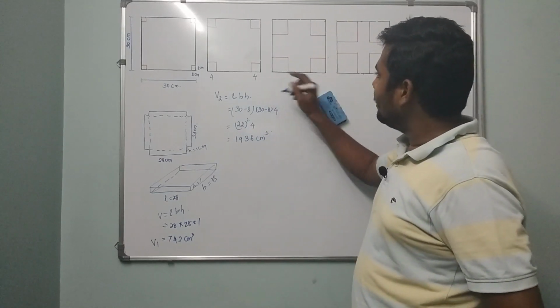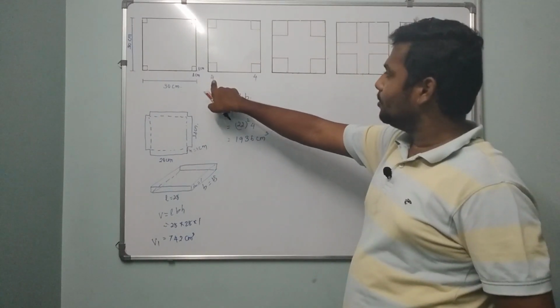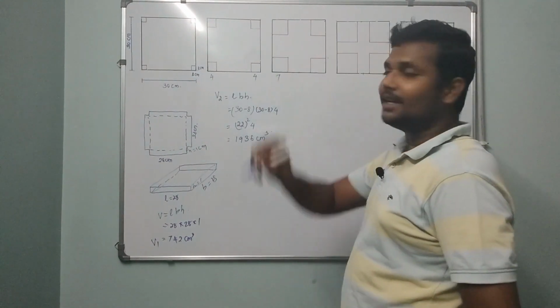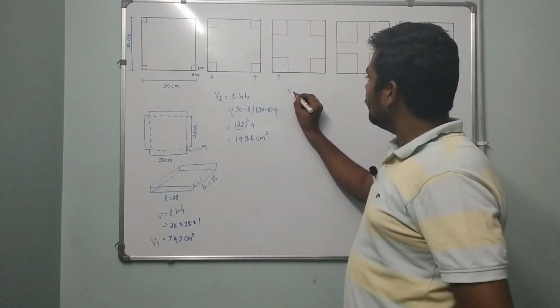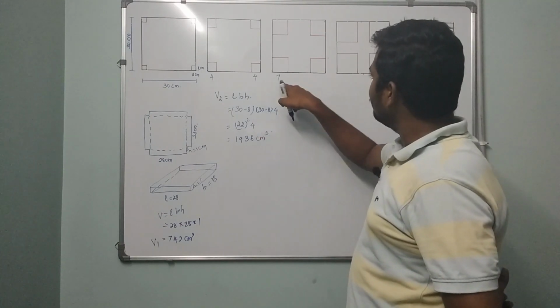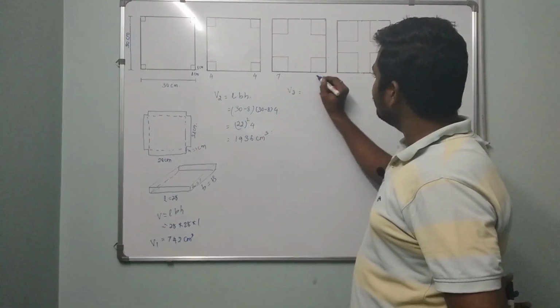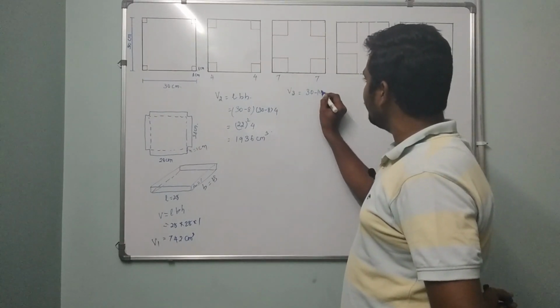Okay. So if we are increasing, so here 4. So next value I am taking 7 centimeter. Let's take 7 centimeter. So if you take 7 centimeter, volume is equal to L into B into H again. So the length is equal to 30 minus 7 minus 7, which is nothing but 30 minus 14.